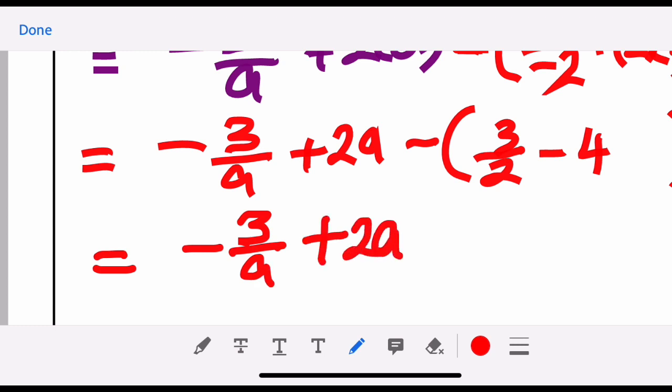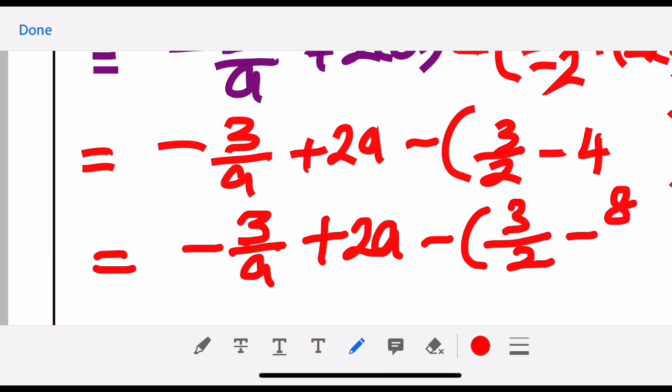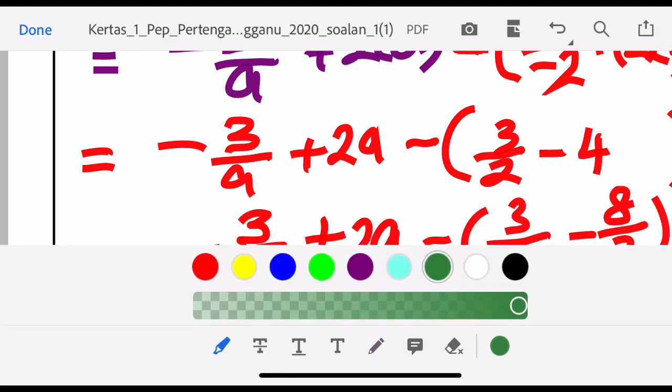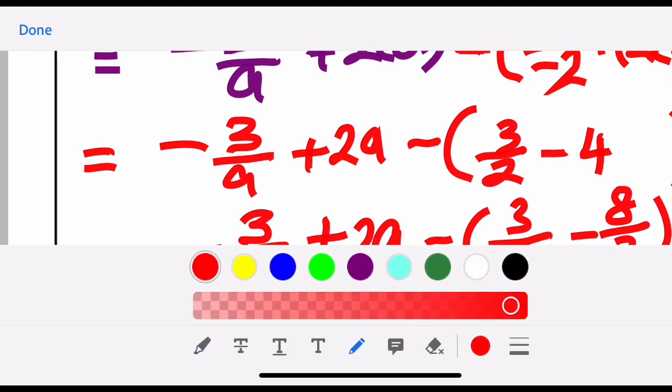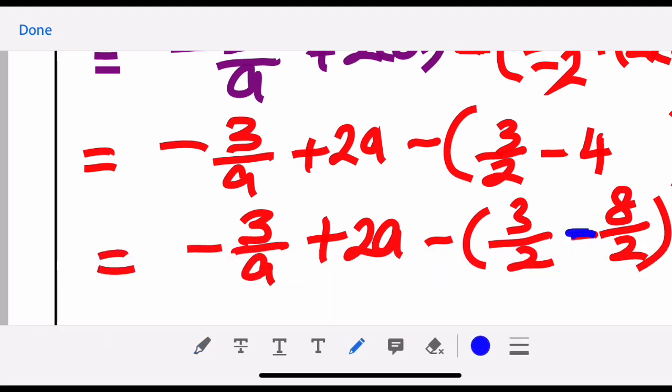You can actually make the denominator the same. I actually don't like to use a calculator unless I'm very tired. I times 2/2, right? So it will be 3 minus 8, right? 3 minus 8 will be negative 5, right?